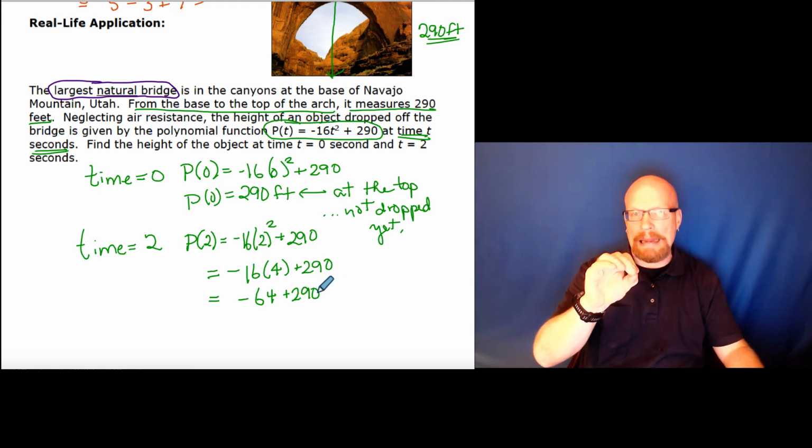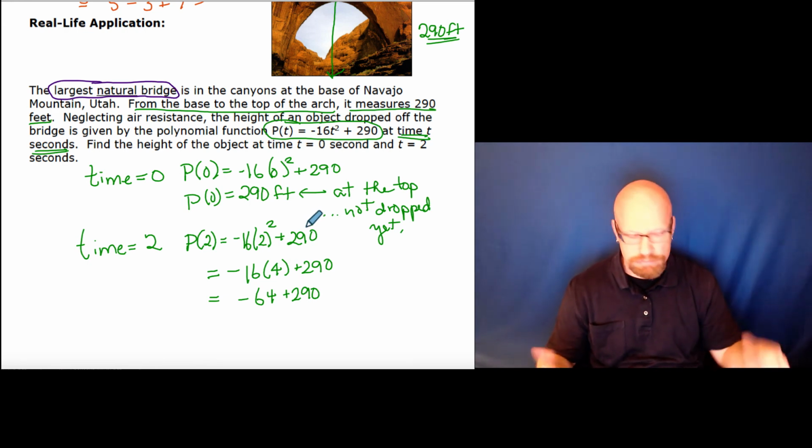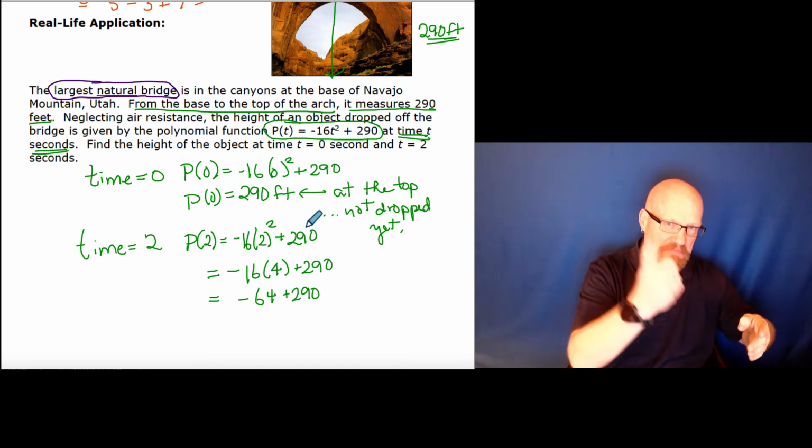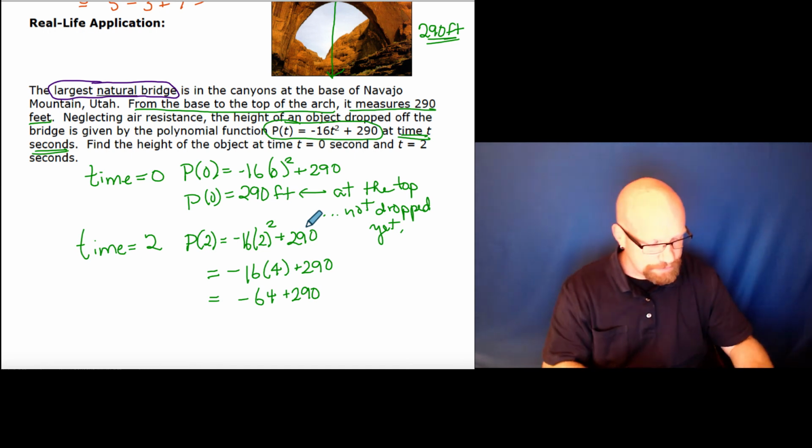Now, 290 subtract 64. I'll do the work on the side. You can use a calculator if you'd like to, or you can work on the side.